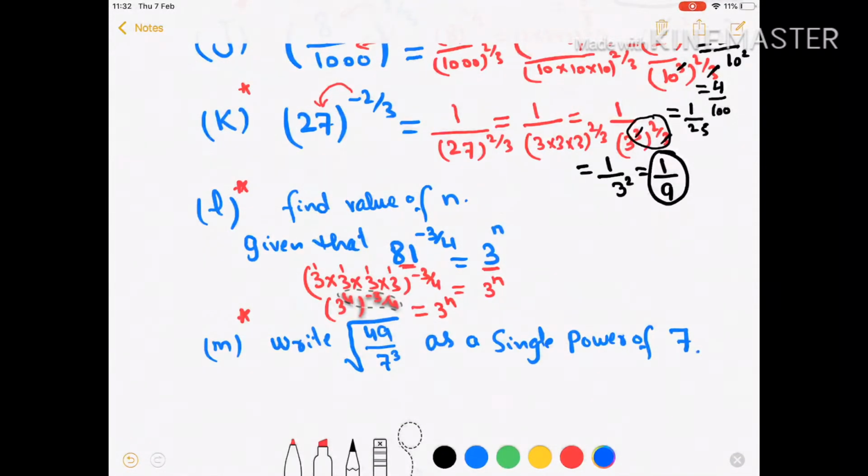You can see in the circle, both powers you multiply, and the 4 will cancel with the 4. What is remaining? Minus 3, as you can see in the green.